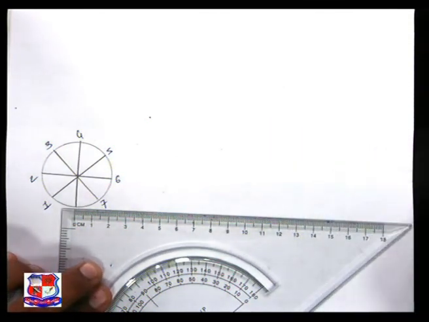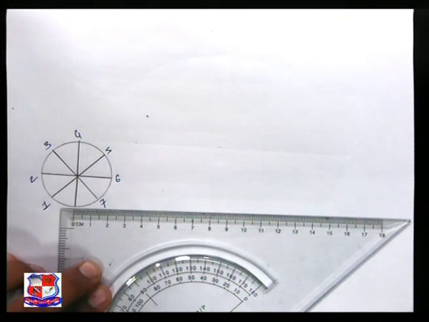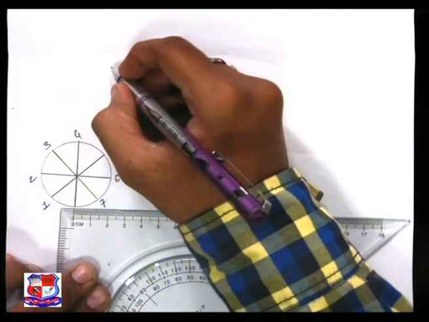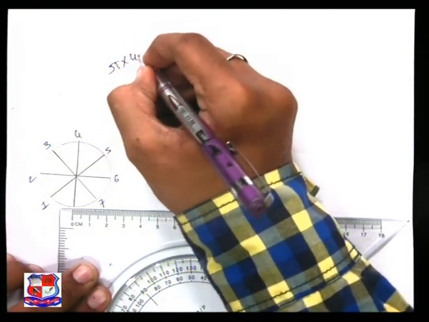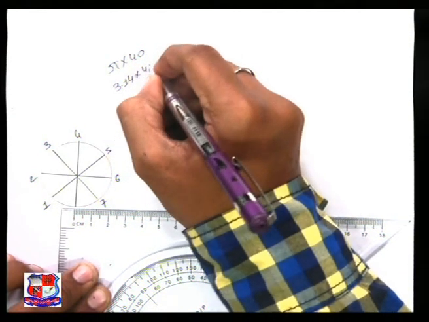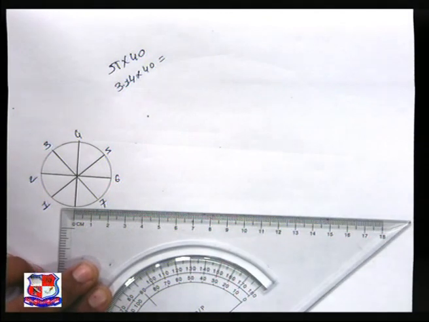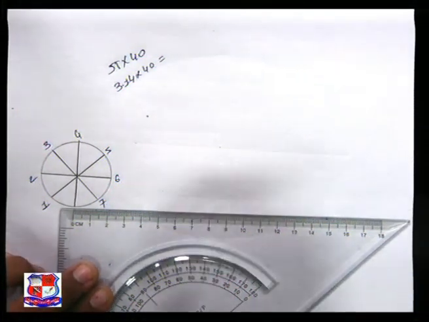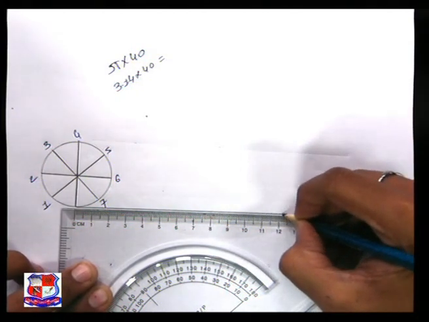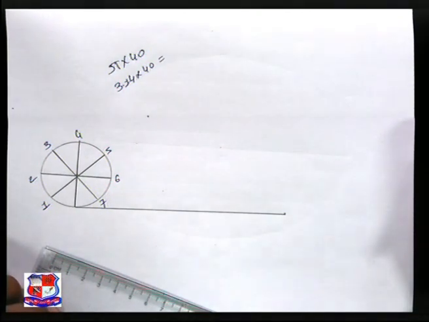Now from point number 8, draw a line equal to the circumference of the circle, which means pi into 40, 3.14 into 40. We need to draw this much amount of line, which comes around 122 mm, like this.